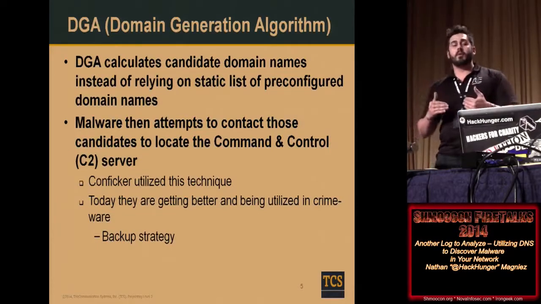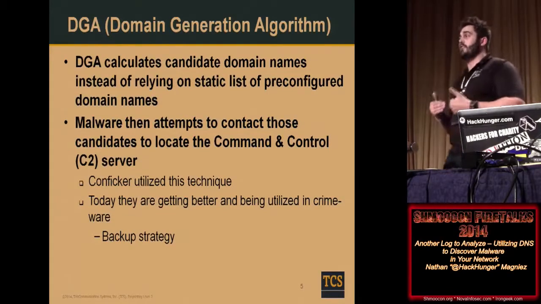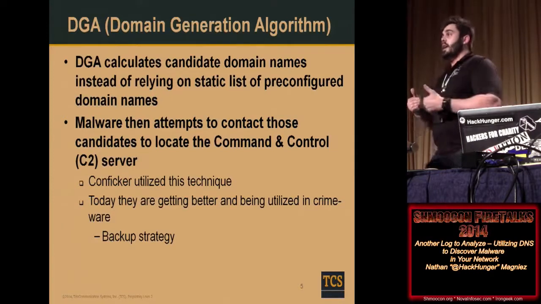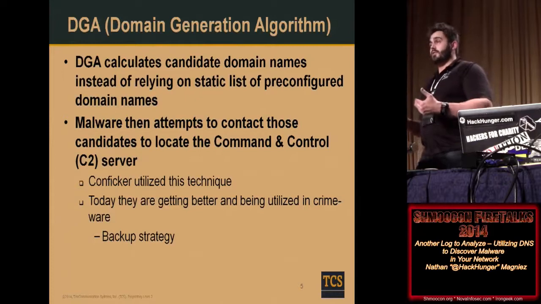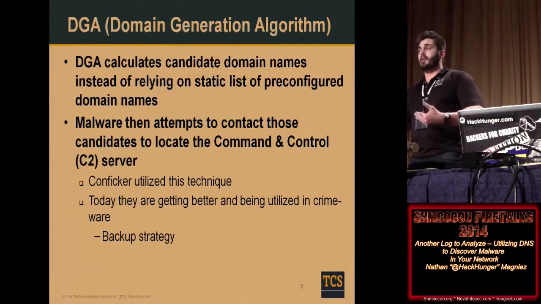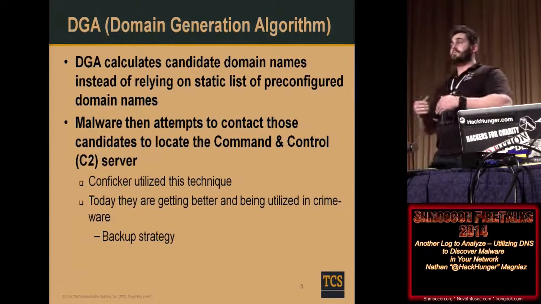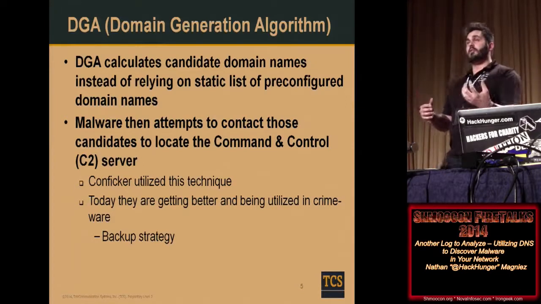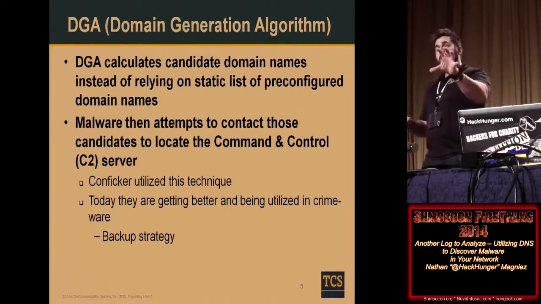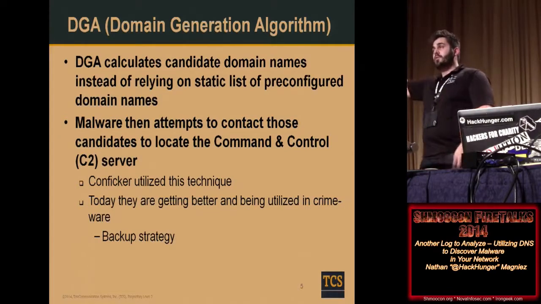Before we move on, we're going to talk about DGA, which is also known as the domain generation algorithm. Malware utilizes this to contact its command and control server, C2 for short. DGA is basically an algorithm that the malware on your user environment, or wherever it's infected, knows, and the command and control server knows it as well.